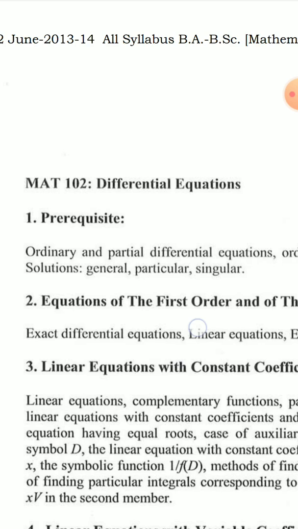Now, if we consider the function y equals f of x, here y is a function of a single variable x. The x is called an independent variable and y is called a dependent variable, because values of y depend upon values of x.